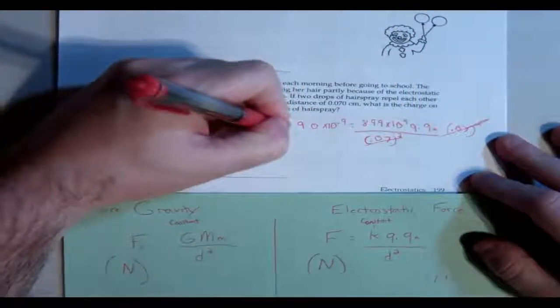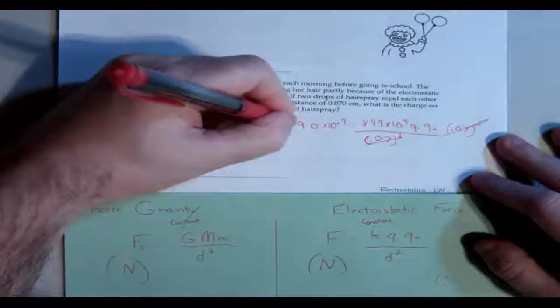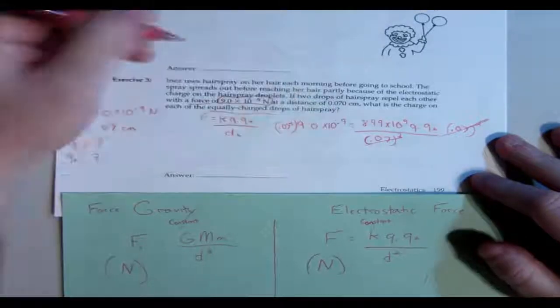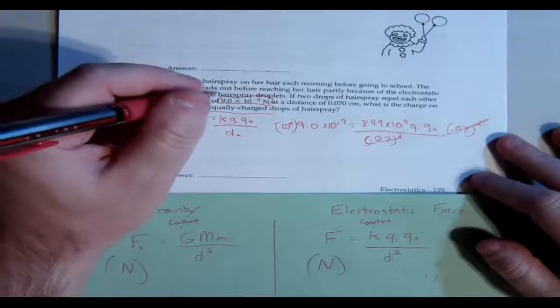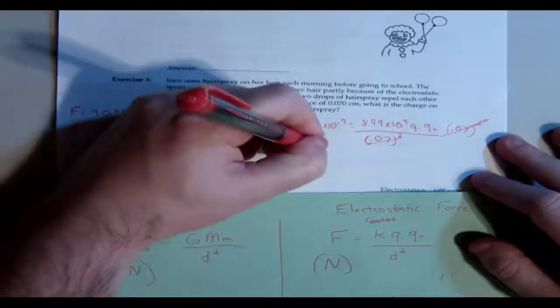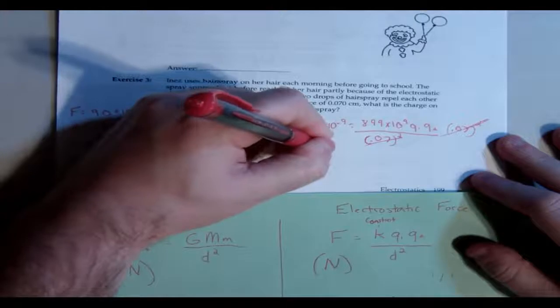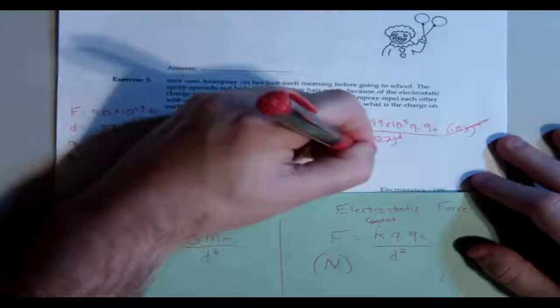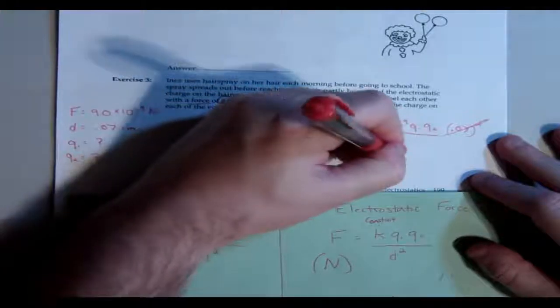Which means the left is multiplied by 0.07 squared too, so we will have 4.41 times 10 to the minus 11 equals 8.99 times 10 to the 9th times charge 1 times charge 2.